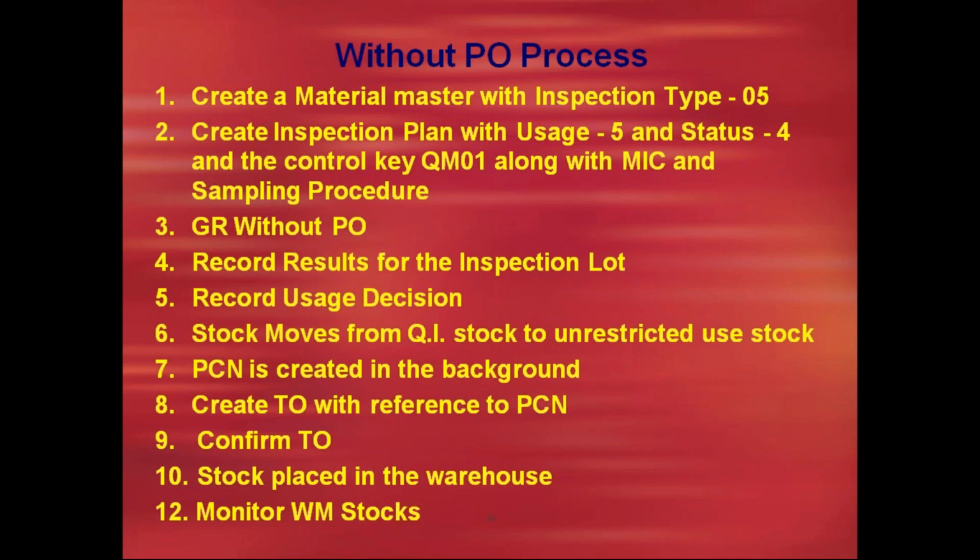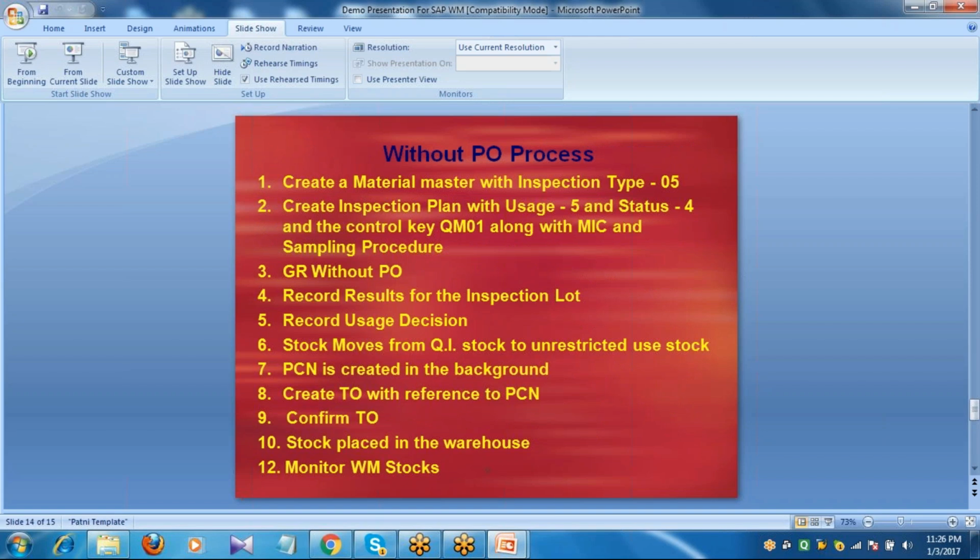As a result, a PCN is created. Again, as a posting change notice, PCN, we create a TO, then confirm, and the stock is placed in the warehouse. So these are the scenarios we are going to come across in our SAP WM model.